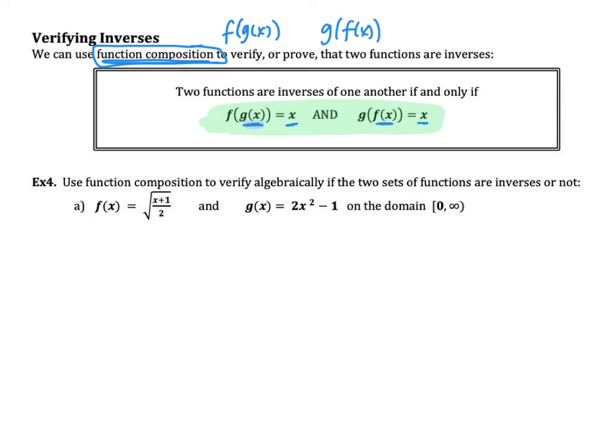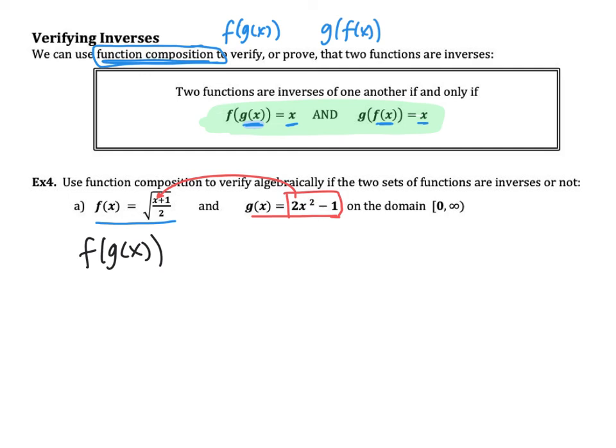So I'm going to color coordinate. My f of x is going to be blue. My g of x is going to be red. So if I'm going to calculate f of g of x, that means I'm going to take this red portion, 2x squared minus 1, and I'm going to substitute it into the x of the f of x function.